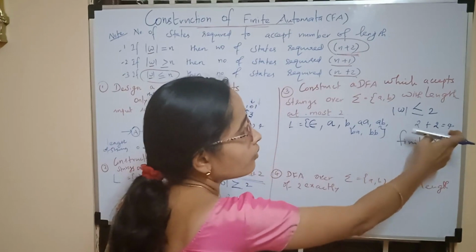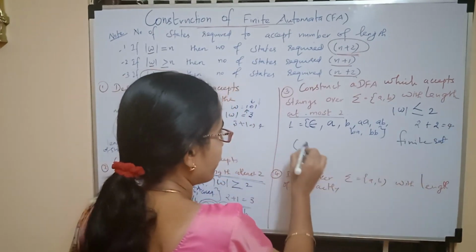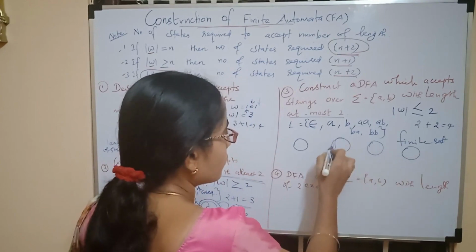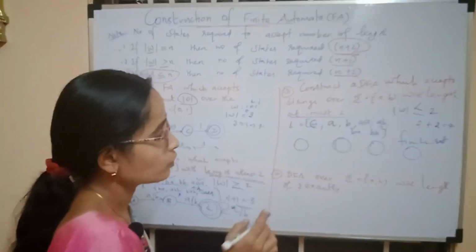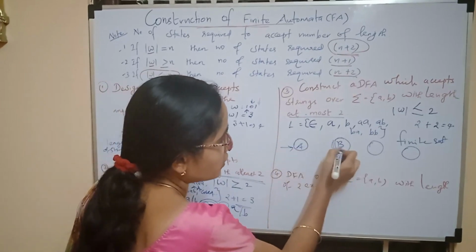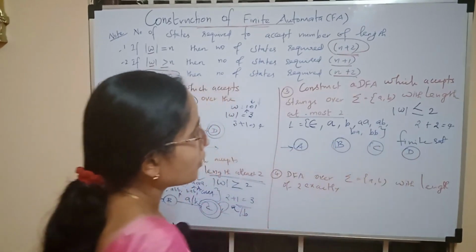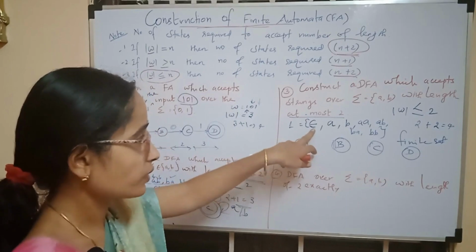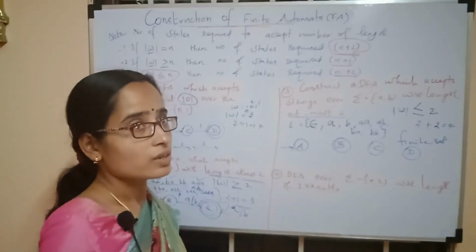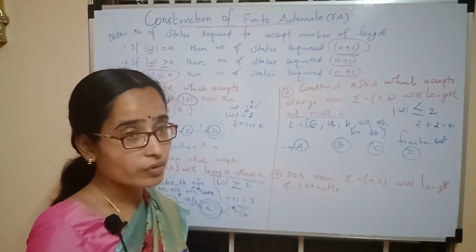Now find out how many states are required. Four states are required here, right? One will be the starting state. You just name them A, B, C, D. Now, the minimum possible length of the string is 0, right? 0 should be accepted by the finite automata.